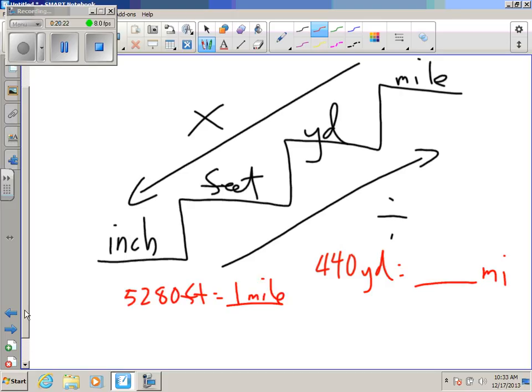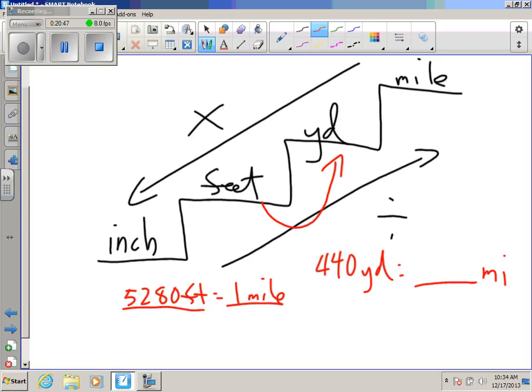5,280 feet in a mile. Can I then take that measurement and convert it to yards? Can I go from feet to yards? Yes. How so? Dividing by how many feet are in a yard? How many feet in a yard? 3.